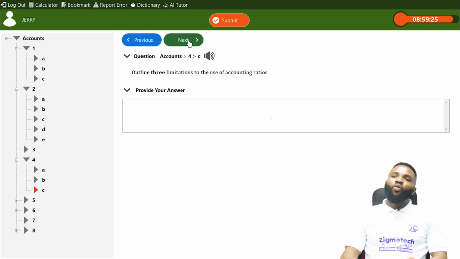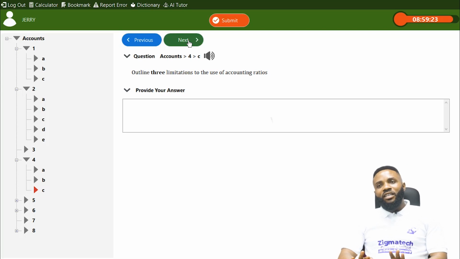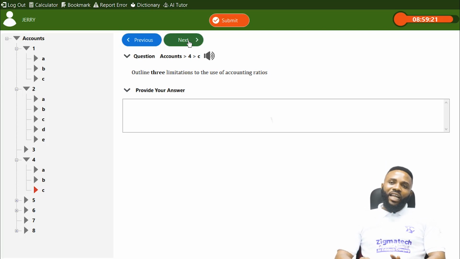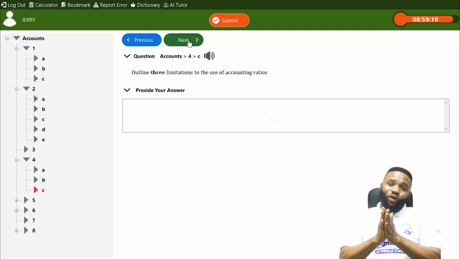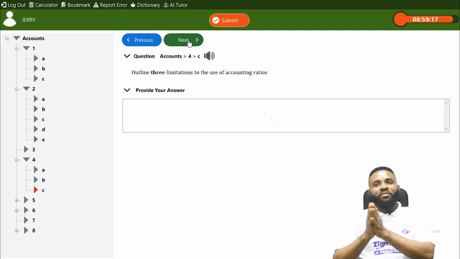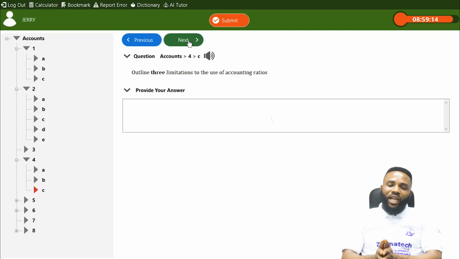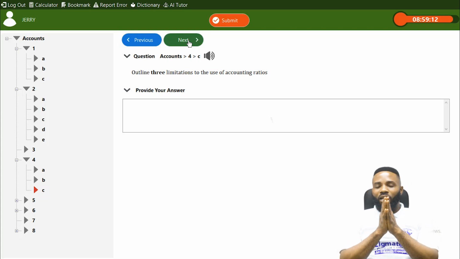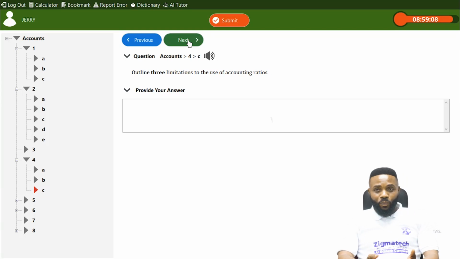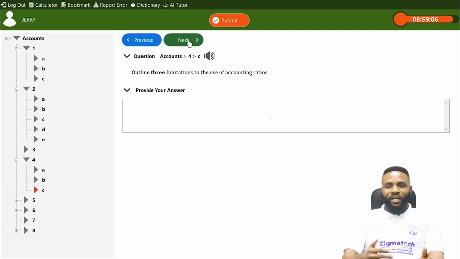All right, so far we have looked at the 4 questions that are actually asked under section A of part B. Now, I have mentioned earlier that accounting questions in WAEC are divided into two, objective and theory.